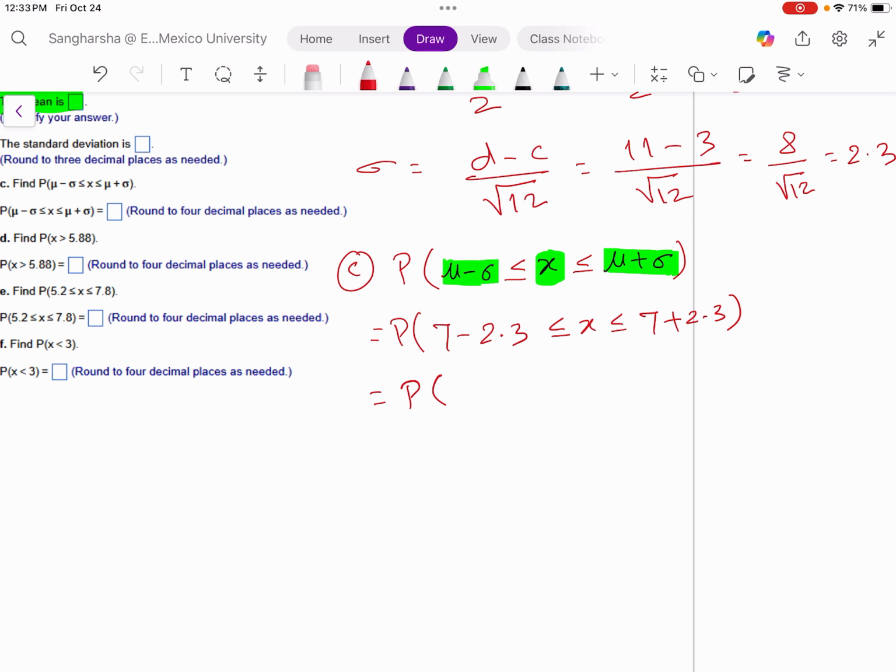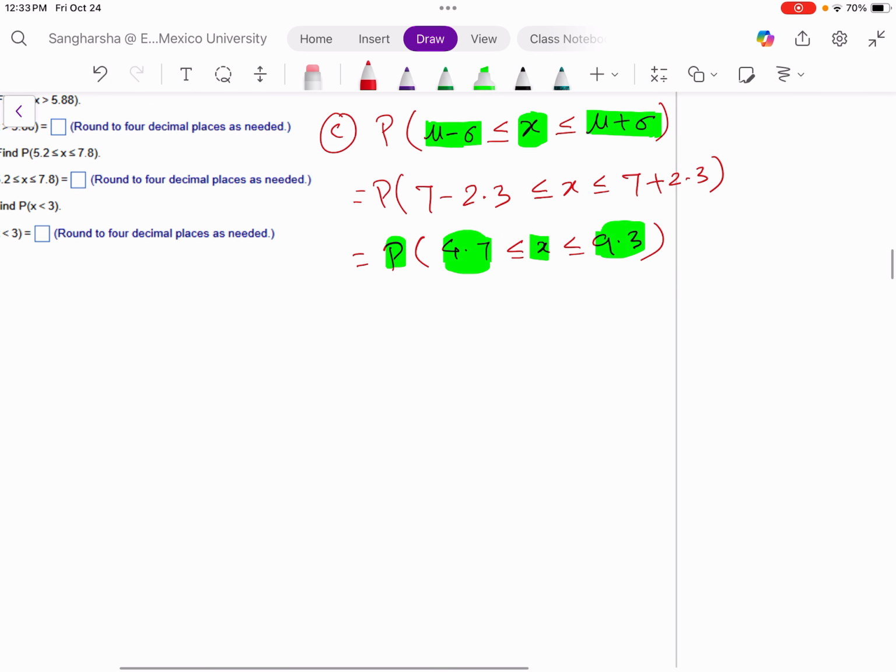So 7 minus 2.3 is 4.7, less than or equal to x, less than or equal to 9.3. So in part C, we are asked to find the probability that our x takes a value greater than or equal to 4.7 and less than or equal to 9.3.